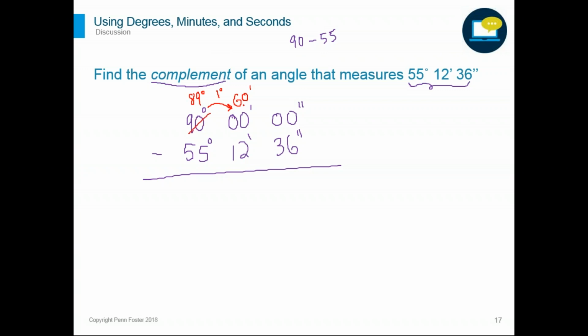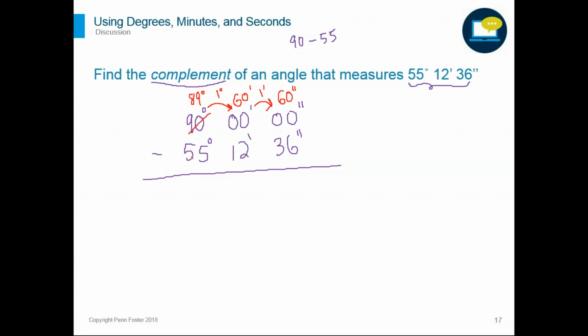Now remember, in subtractions like this, we cannot do the subtraction in the middle column yet. We have to start from the far right column. So again, the minutes column has to give 1 minute to the seconds column. And there are 60 seconds in 1 minute, so that would give 60 seconds. Now we are able to perform the subtraction.